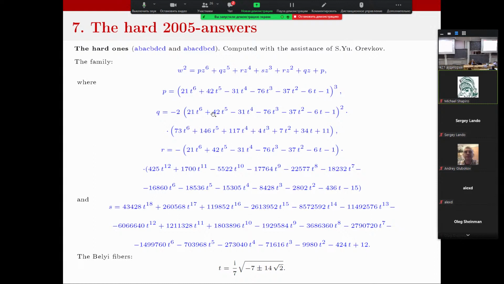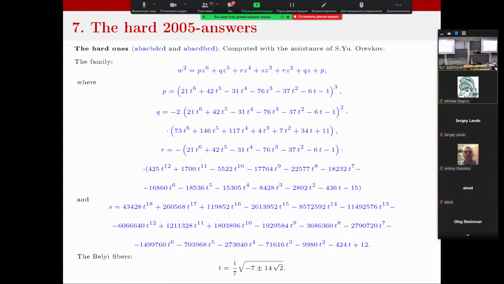What you can see is just that, 1, 2, 3, 4 polynomials that depend on one parameter t, and there is some information about it. We see that, sorry I didn't say it before, our hard cases are Galois conjugated.